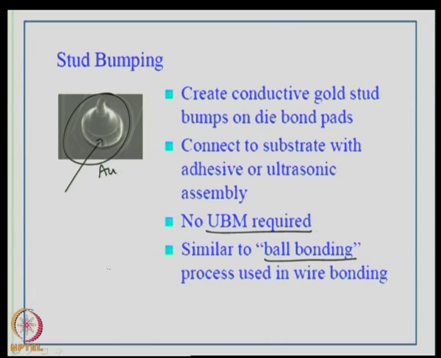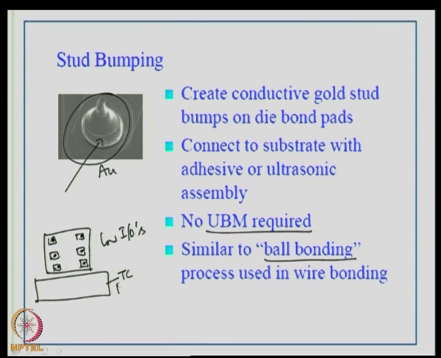So, if you have manufactured a die which has low IOs, and you do not want to do normal flip chip bumping, let us say there are 6 bond pads on the die, you can create the stud bump, but still flip it over onto the substrate and then use thermocompression bonding using a conductive adhesive.